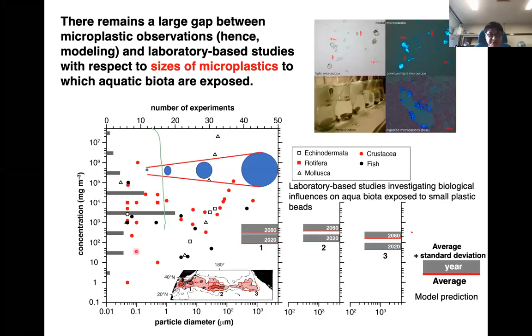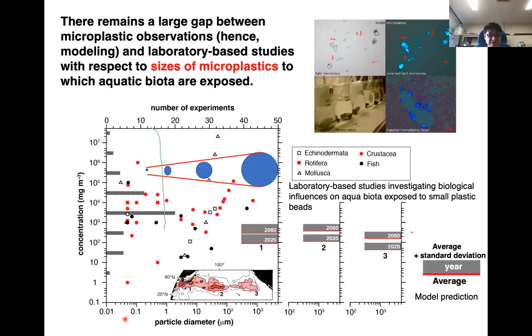However, the laboratory-based study uses plastic beads of much smaller sizes, 1 or 10 or nanometers, for the experiment. So this large gap suggests that our model result cannot directly forecast the damage that may appear in marine organisms in nature.